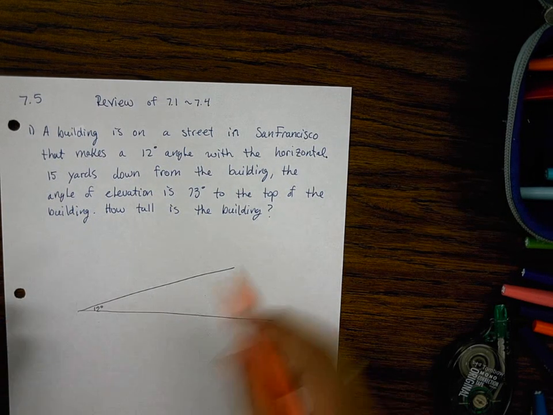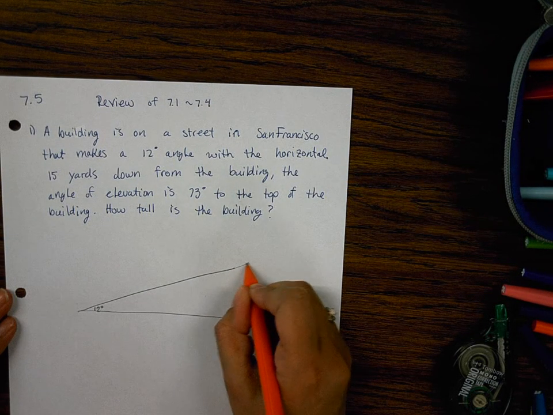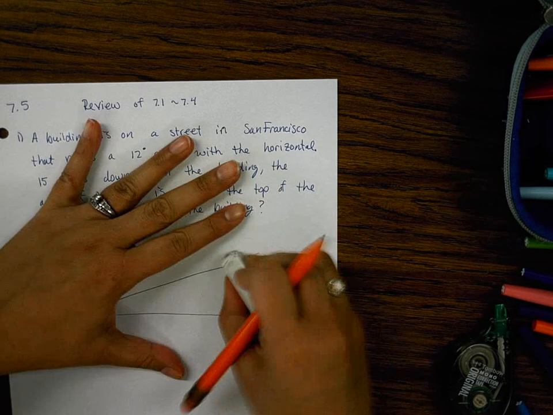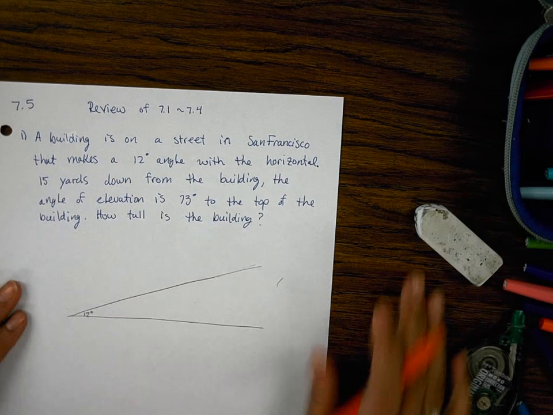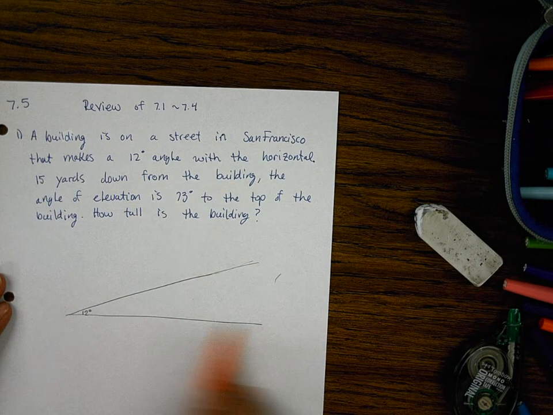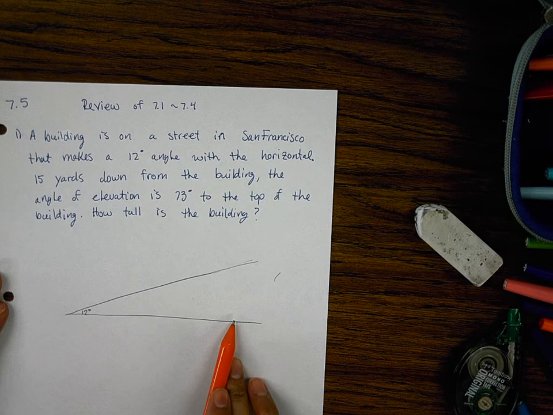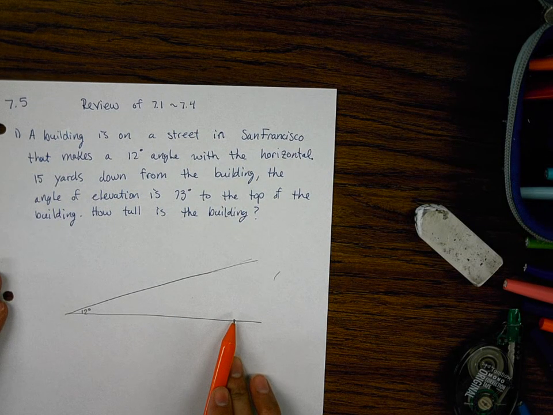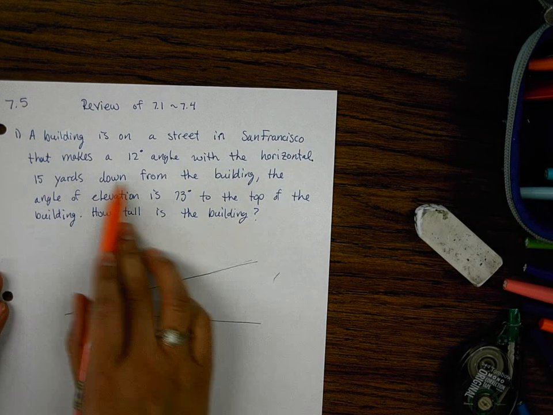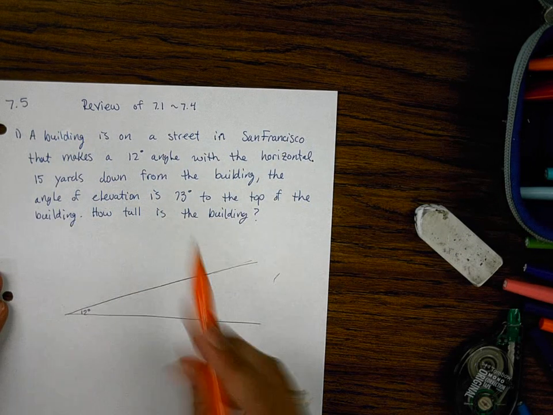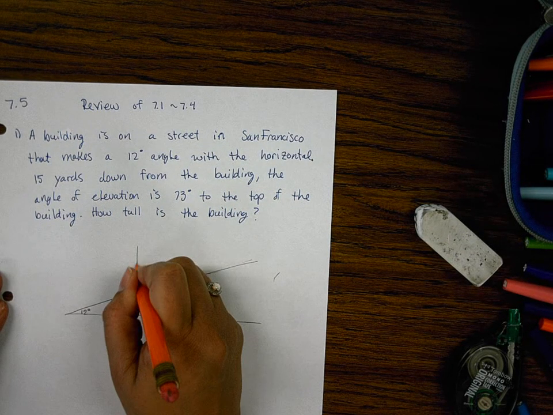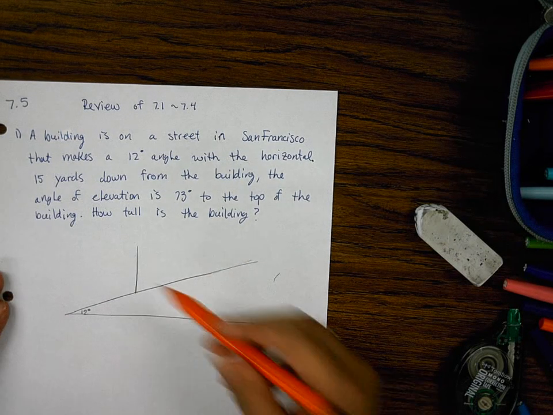So this building is on a hill in San Francisco, and there's my 12-degree incline with the horizontal. You have a building on this hill. A building is on the street, 15 yards down.